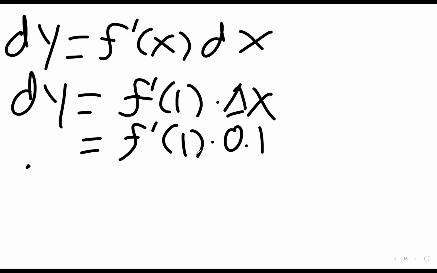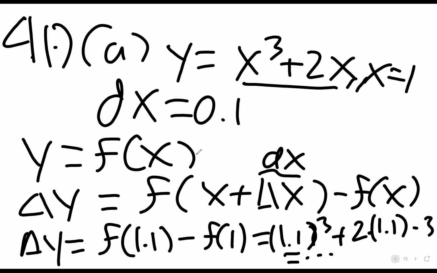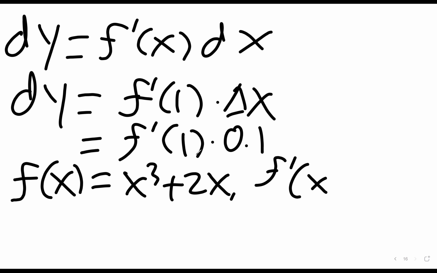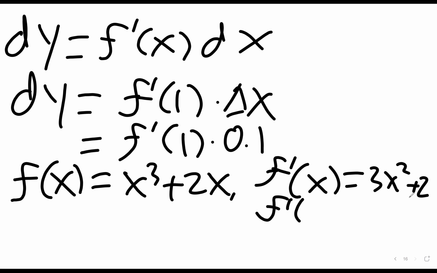And recall that f of x is x cubed plus 2x. So f prime of x is 3x squared plus 2. So in particular f prime of 1 equals 5. Just substitute x equals 1 there.